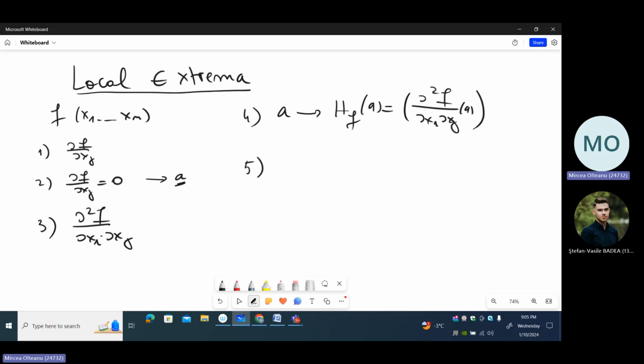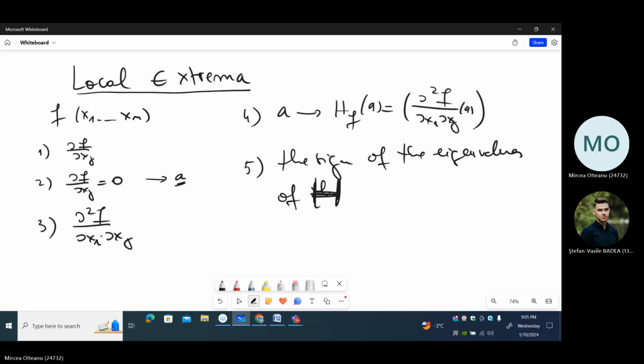And now everything is decided by the sign of the eigenvalues of the Hessian matrix. More precisely, if all the eigenvalues are strictly positive, A is a minimum. If all the eigenvalues are strictly negative, then A is a maximum.